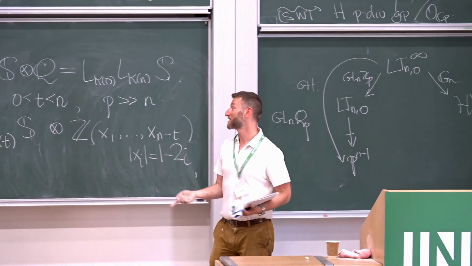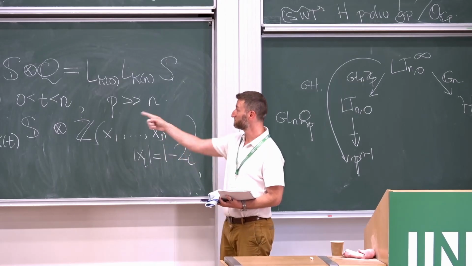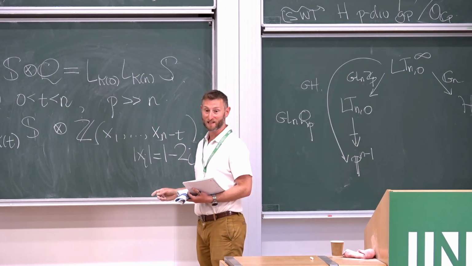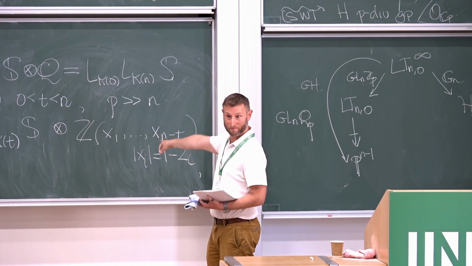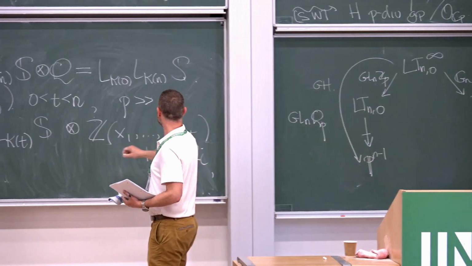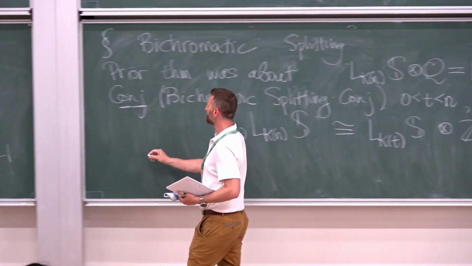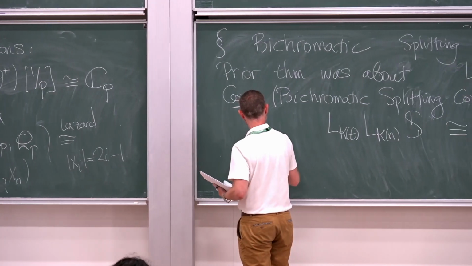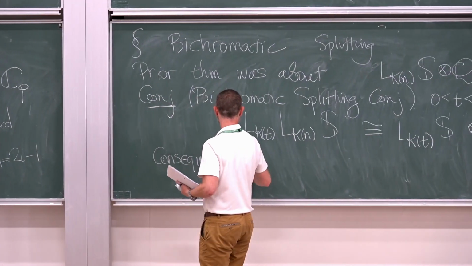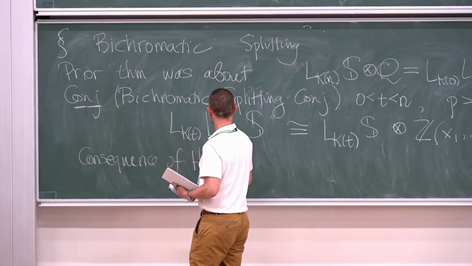The result is actually going to be a ring spectrum. And the splitting conjecture, as I'm putting it here, is that this is an isomorphism. However, I'll just state here that this is a consequence of the conjecture of Hopkins.